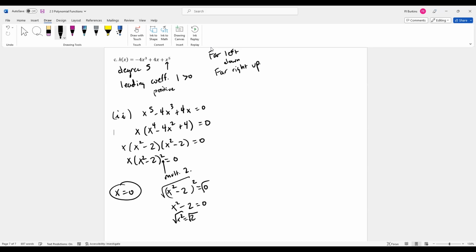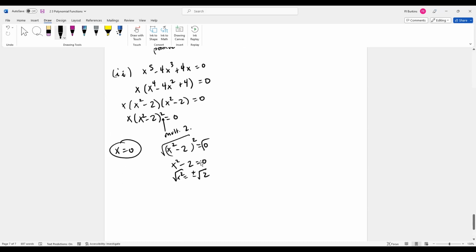In this case, I have to be careful that I get plus and minus root 2 on the right-hand side. Okay, so we get the roots x equals plus root 2 and x equals minus root 2, each of which has multiplicity 2. All right, so we've got all of our roots.